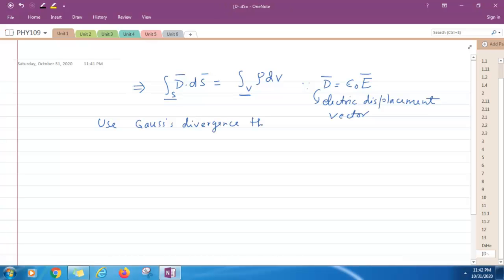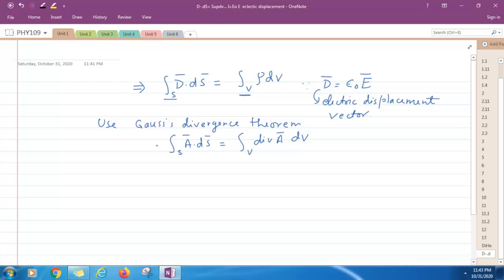What is Gauss divergence theorem? It means we can convert surface integration to volume integration like this: A dot ds, by using this relation, is volume integration divergence A dV.